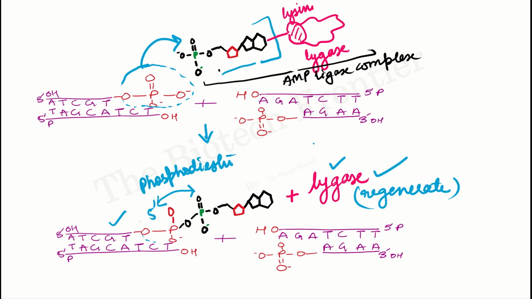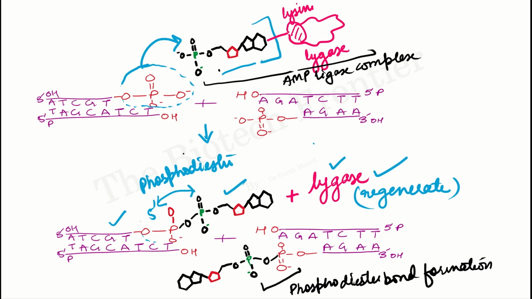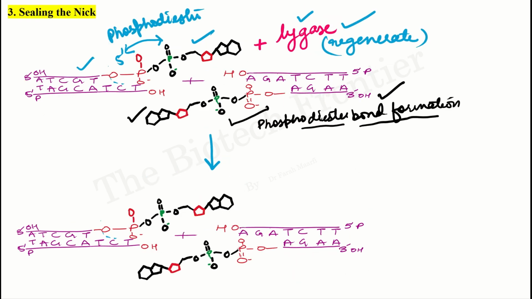So the activated AMP molecule is transferred from the enzyme to the DNA, forming a DNA adenylate intermediate, and this intermediate is now primed for the final step of the phosphodiester bond formation between the two DNA strands. A similar phenomenon will also occur at this particular strand. Here the phosphodiester bond will also form in the final step where the nick is being sealed.